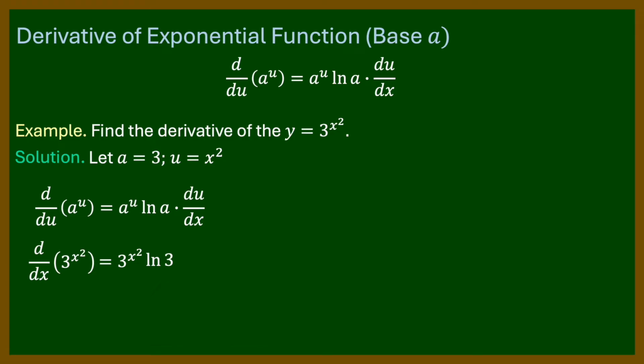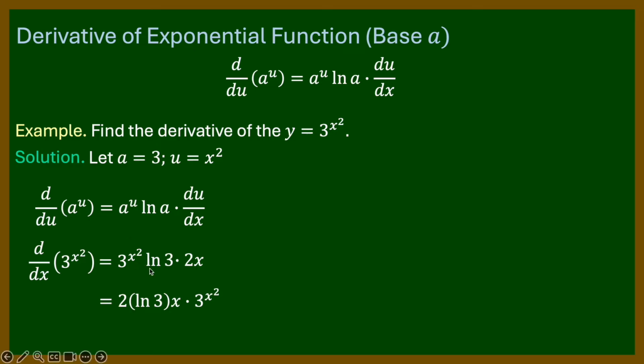Now, since u is x squared, let's differentiate this in terms of x. By using the power rule, we will obtain 2x. And then, let us simply separate those constants from those terms with the independent variable.